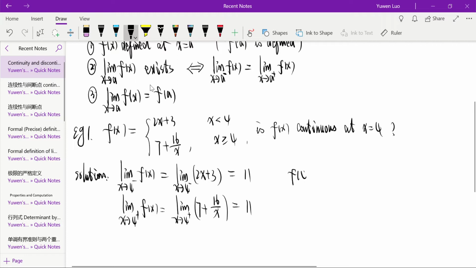And f(4) is 7 plus 16 over x, because the equal sign is here, that's 11. So the limit equals the value.